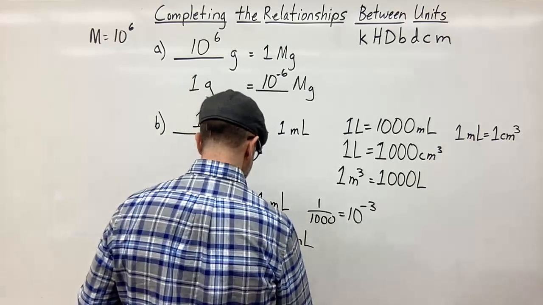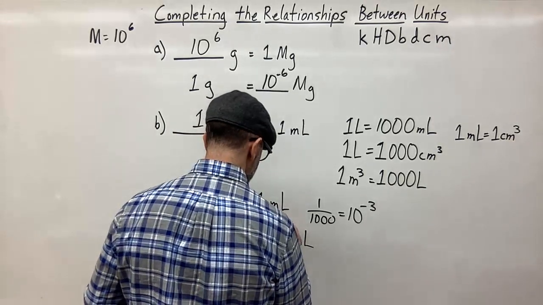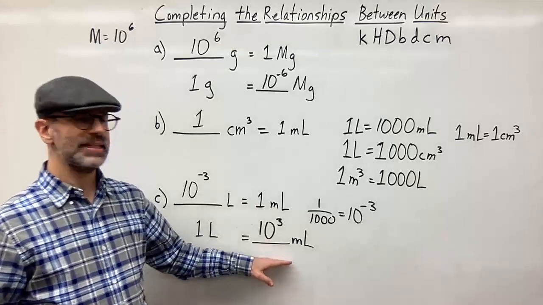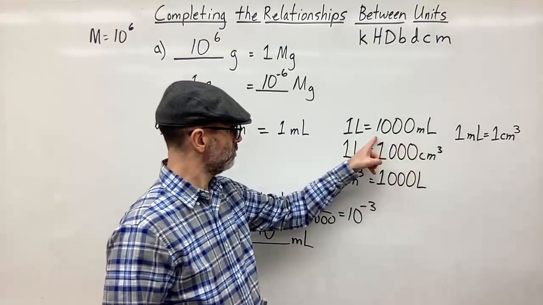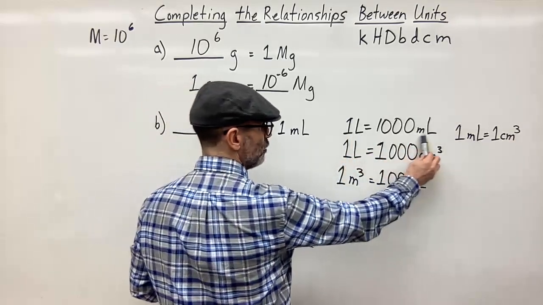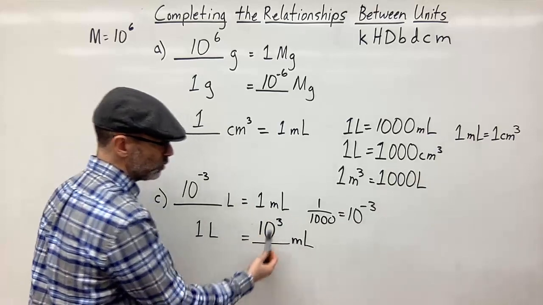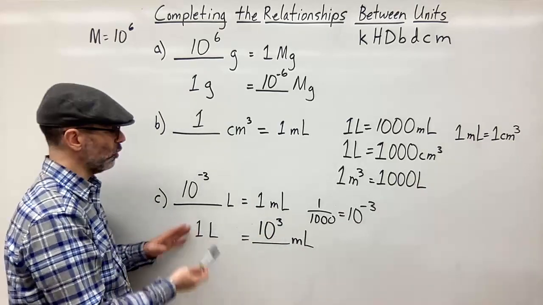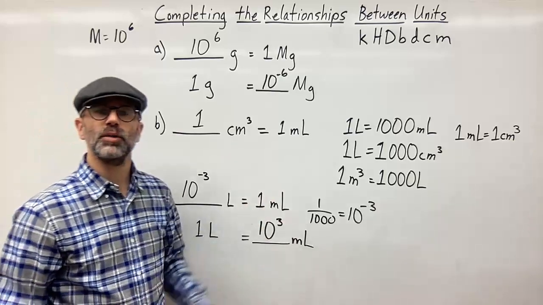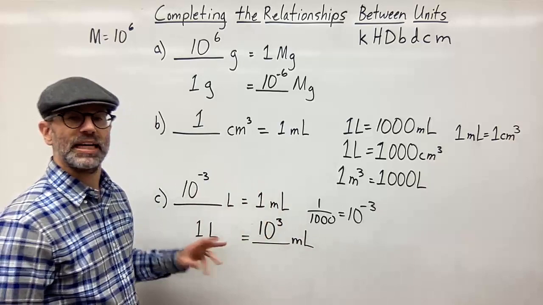So here, it's not going to be 10 to the negative 3, but 10 to the positive 3. And 10 to the positive 3 is the same as 1,000. So here I have 1 liter is equal to 10 to the third milliliters, which is 1,000 milliliters. So it's the same. So this is how you can complete the relationships between metric units if you're asked to do so.